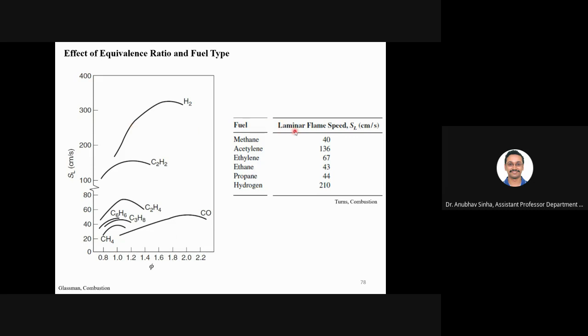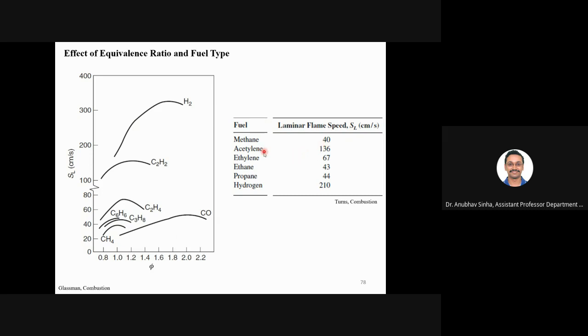Okay, and these are the laminar flame speeds. Generally, we talk about an equivalence ratio of 1 for a stoichiometric mixture. For methane, if I remember correctly, this is for atmospheric conditions and 298 Kelvin, which is the standard reference state. So if you have a stoichiometric mixture of methane and air at 1 atmosphere and 298 K, it burns at a speed of about 40 centimeters per second.